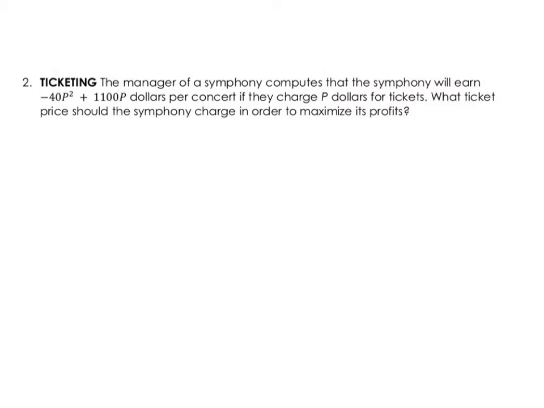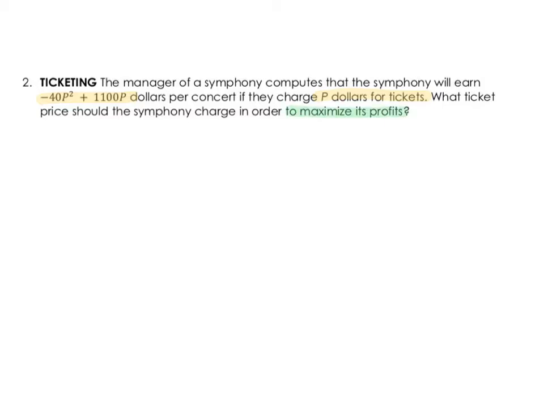All right, number 2. Let's read through the problem and highlight key information. So, ticketing. The manager of a symphony computes that the symphony will earn negative 40p squared plus 1100p dollars per concert if they charge p dollars for tickets. What ticket price should the symphony charge in order to maximize its profits?